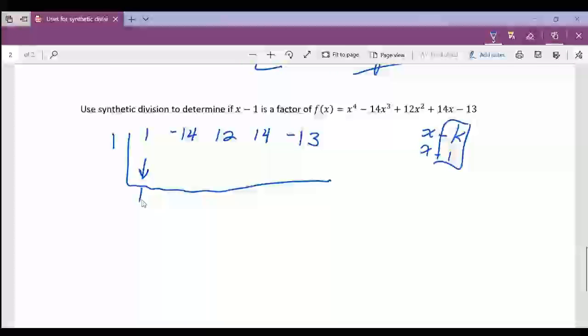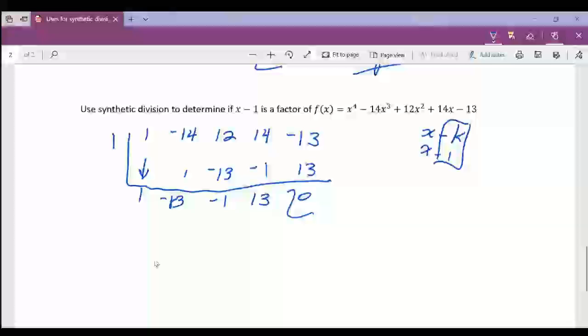So we bring down the 1, multiply, add, multiply, add, multiply, add, multiply, add. Once again, we have a remainder of 0, so we can simply answer that yes, that is a factor of that particular f of x.